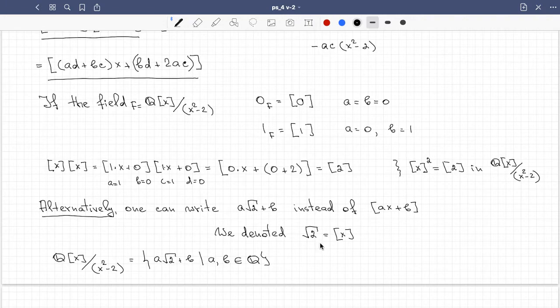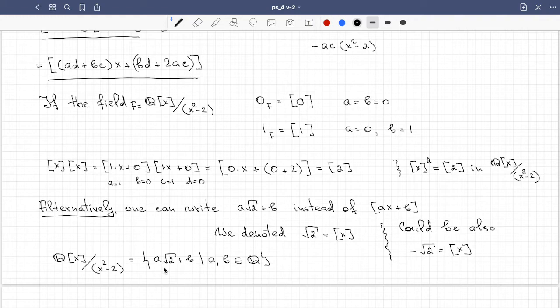Instead of root of 2 it could also be negative root of 2. If you think about that as a real number, negative root of 2 is going to be a different real number. Still, everything holds true.